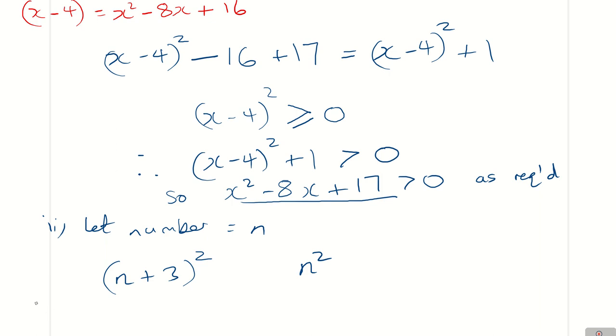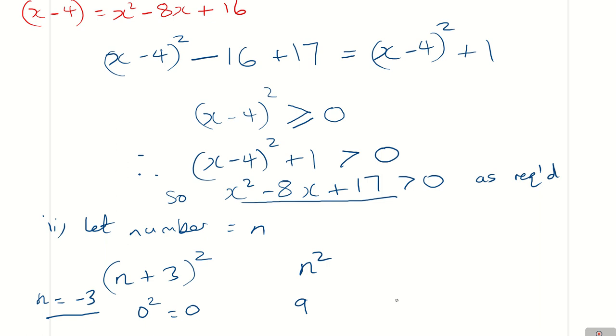So if we say that n equals minus 3, then n plus 3 squared is going to be 0 squared, which is equal to 0. But minus 3 squared is going to be 9.